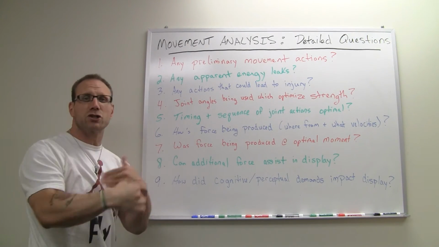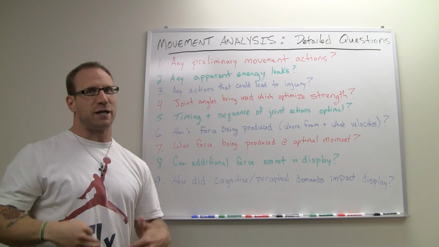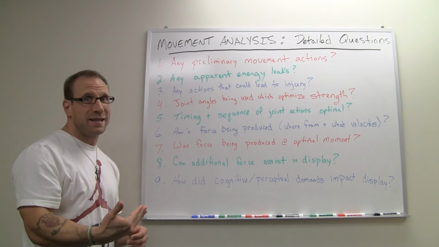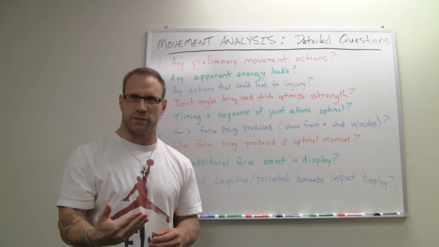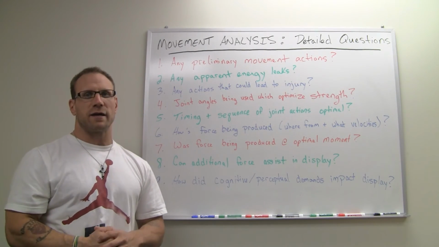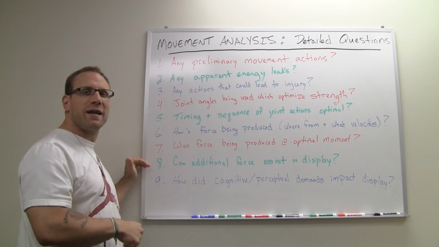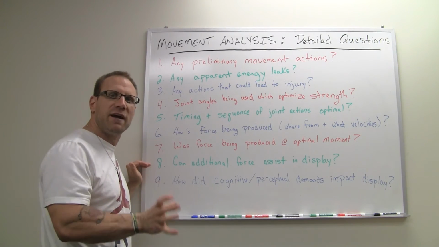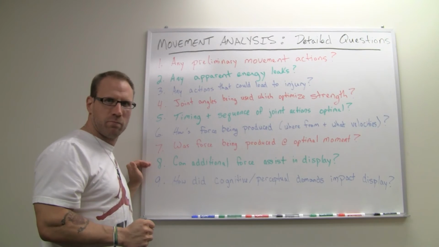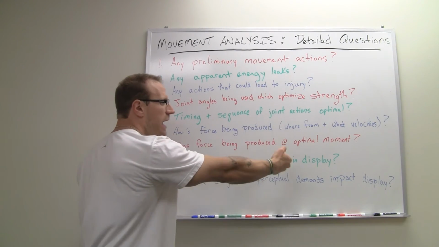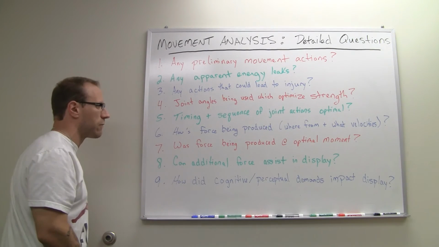Because if our kinematic structure doesn't match our kinetic structure, additional force likely isn't going to actually assist us. We need to make sure that the kinematic structure is in line first, as I told you earlier. But once we do that, can we produce additional force? If so, how? And can it actually assist in and add to the displayed characteristics that we're seeing?